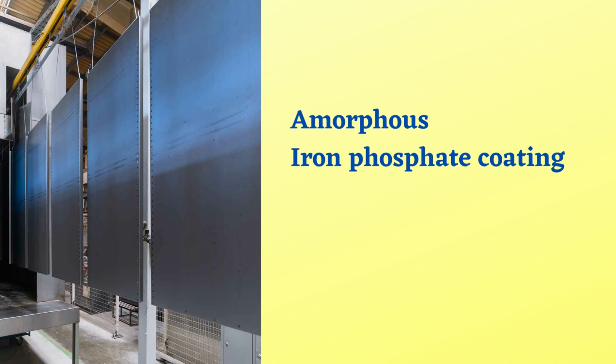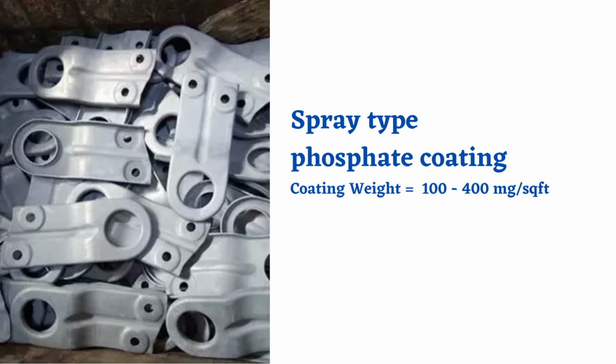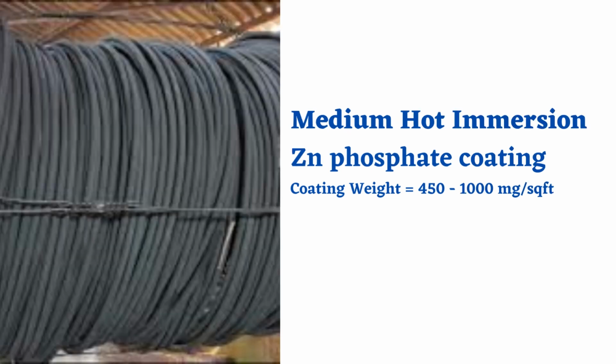The iridescent blue amorphous iron phosphate layer has a coating weight between 30 milligram per square feet to 100 milligram per square feet. Spray type phosphate coating forms coating weight of 100 milligram per square feet to 400 milligram per square feet.